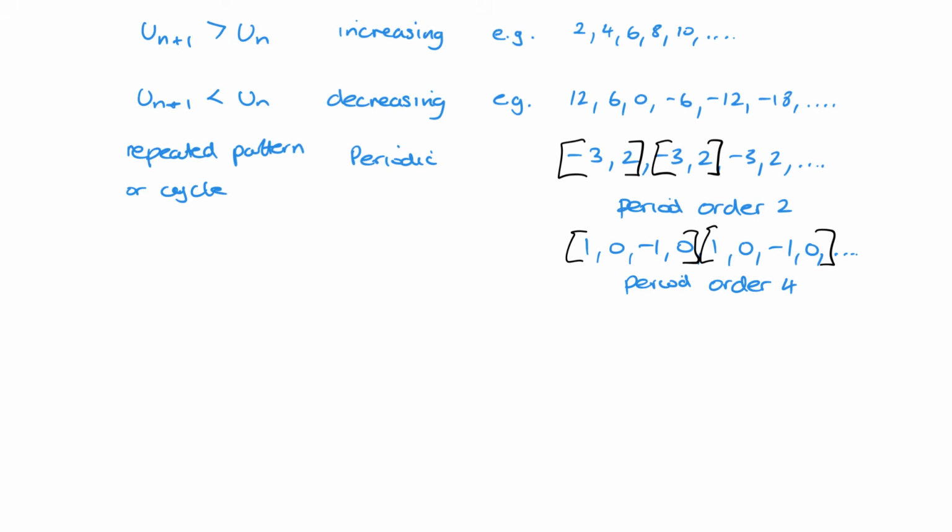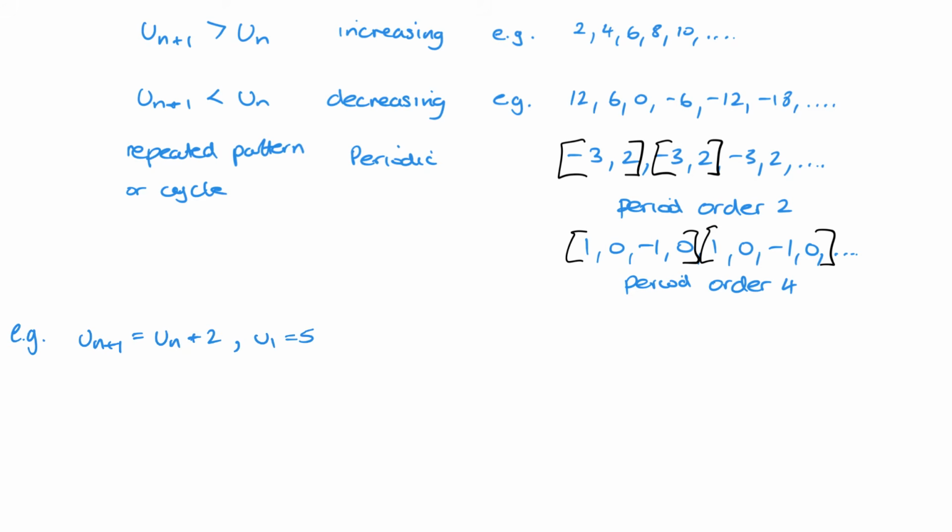Now, in terms of an example, if we look at a sequence where u1 equals 5, what I do is I start off by writing out the first few terms.